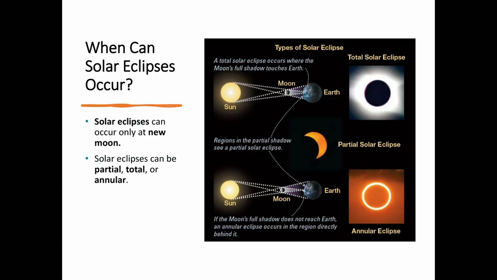And then an annular eclipse is the same configuration as the total solar eclipse, but when the moon goes around the Earth, and we'll learn maybe next week that orbits are not perfectly circular, they are elliptical.